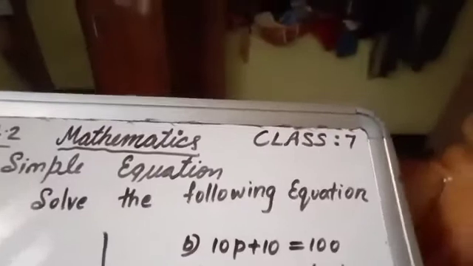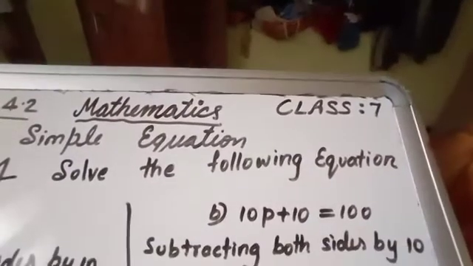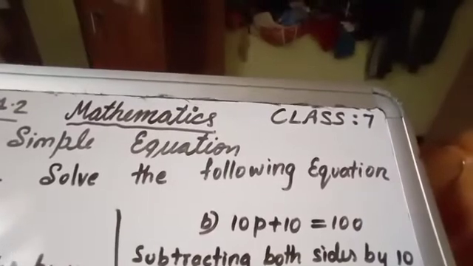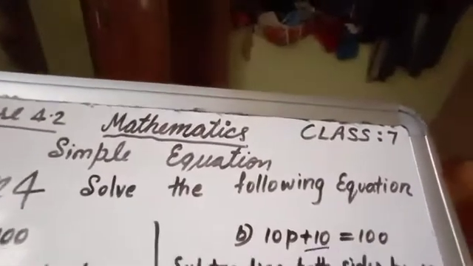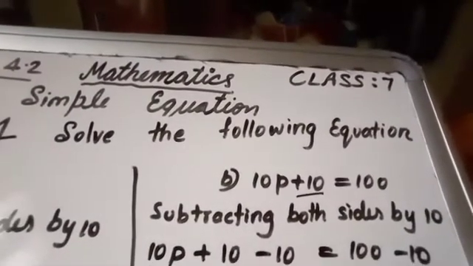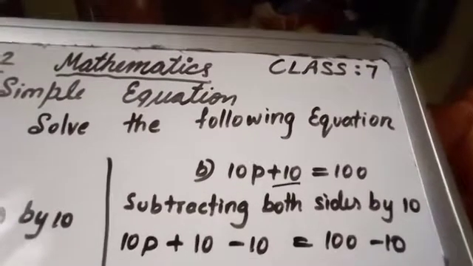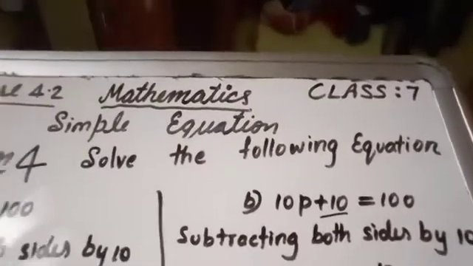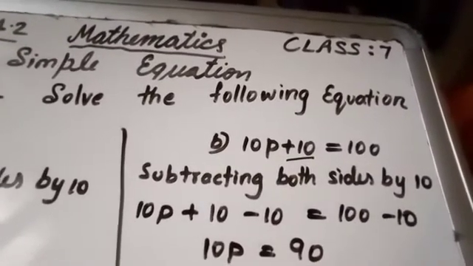The same way, let us go to the second question. 10p plus 10 is equal to 100. Subtracting 10 from both sides, because here plus 10 is there, we can remove this 10 by subtracting. So 10p plus 10 minus 10 is equal to 100 minus 10. 10 minus 10 we will get 0. 10p is equal to 100 minus 10, 90.